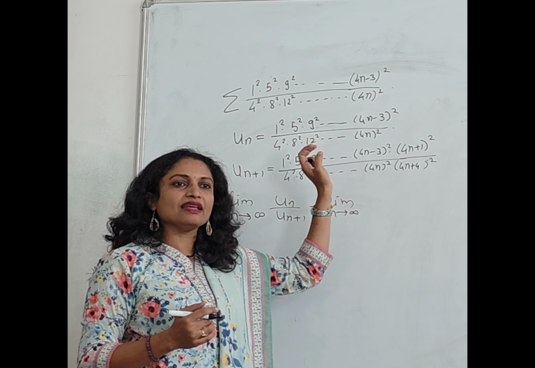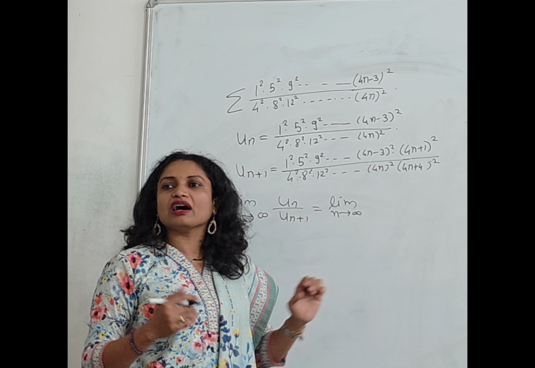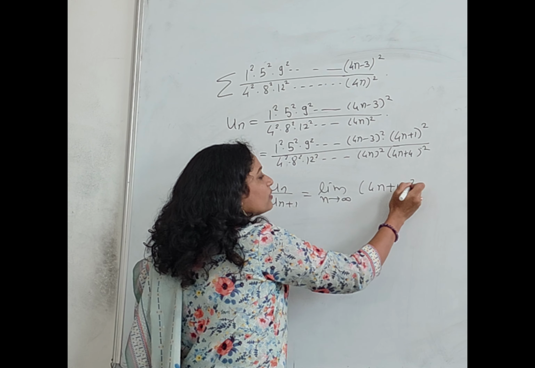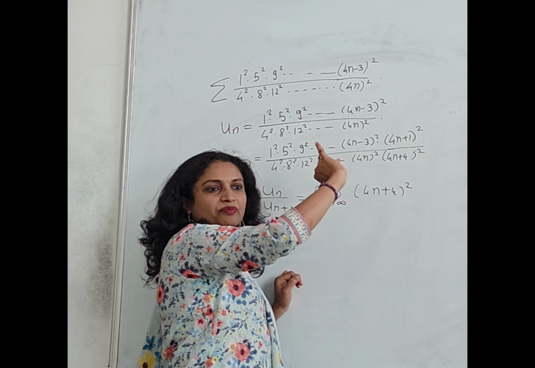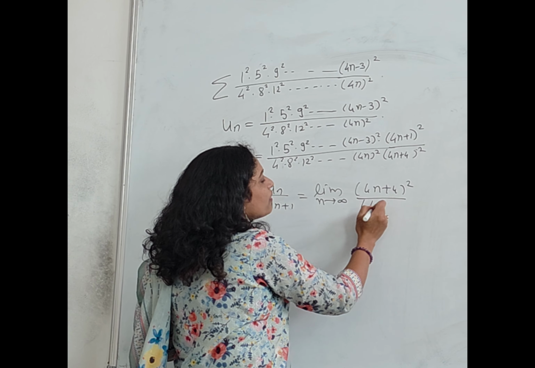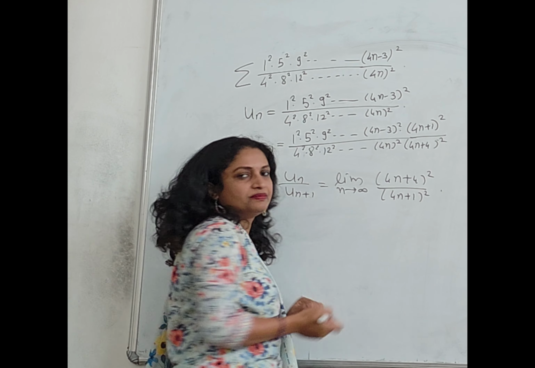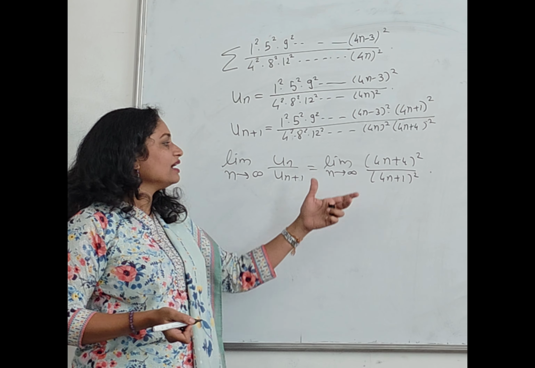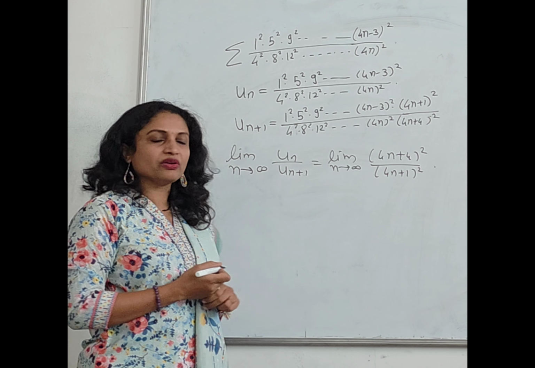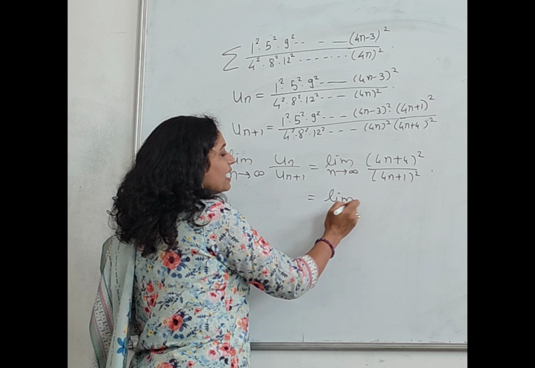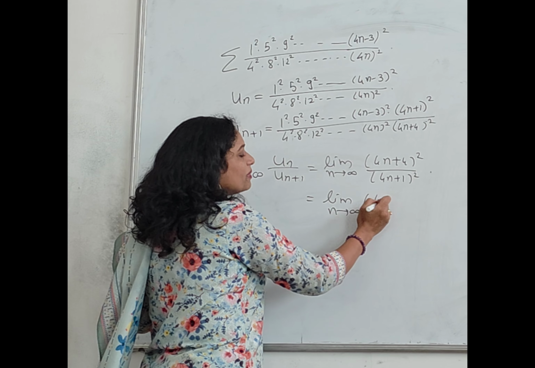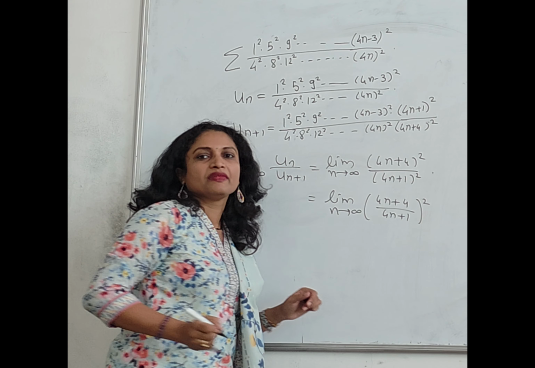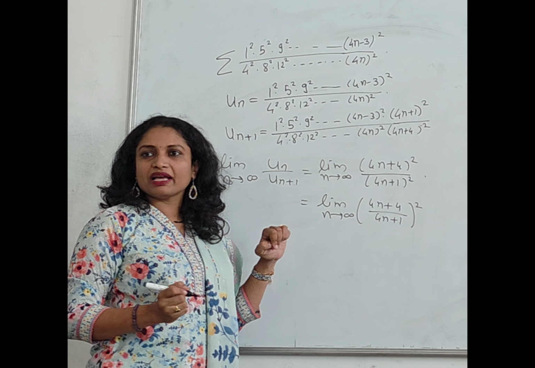So I am directly writing the terms you are going to get after cancellation: 4n plus 4 whole square, because this will come in the reciprocal, upon 4n plus 1 whole square. Since there are whole squares, you can expand, but if you want to avoid that, you can write it as 4n plus 4 upon 4n plus 1, whole square. Now divide numerator and denominator by n square.